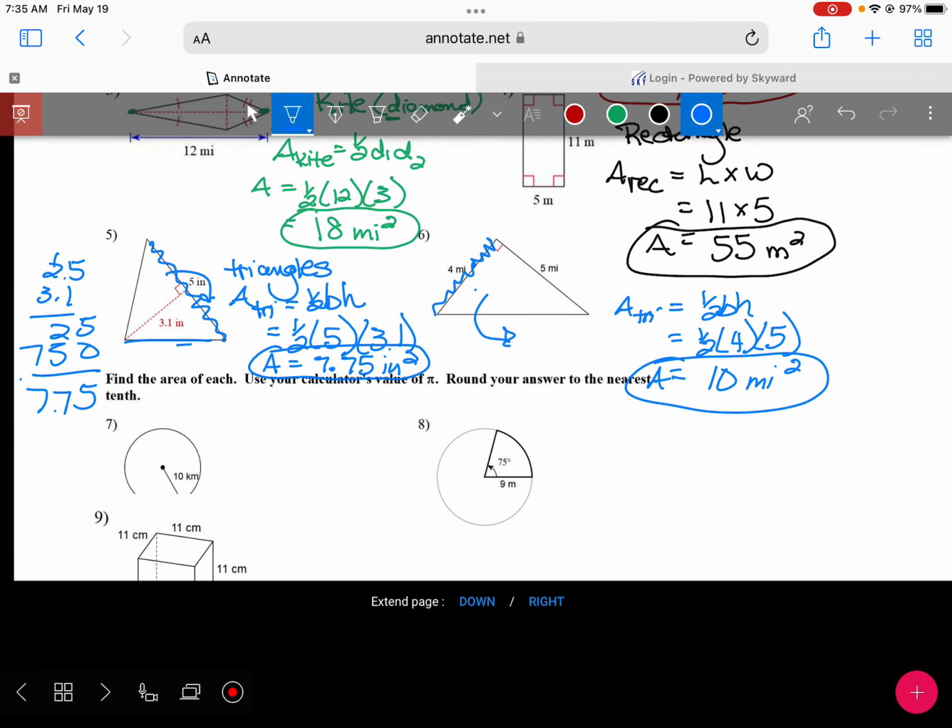All right, let's go down to the next one. It says find the area of each. Use your calculator and the value of pi. When do we use pi? When do we use the symbol pi? All the time. Not all the time. Did you say on Sundays? No. Well, maybe. On Tuesday? What? In math? Good. Good answer. Specifically with what shape?